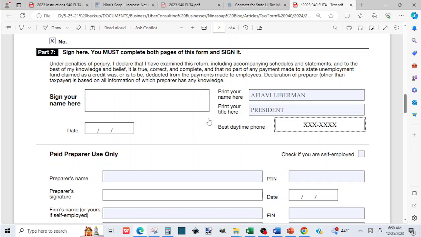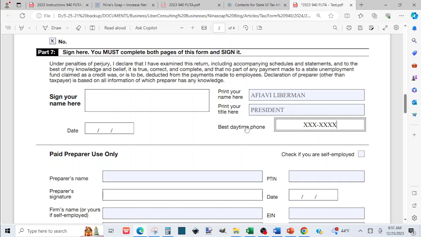Now if you are an LLC that files Form 1065 partnership tax return, a member of the LLC that works in the business or has good knowledge of the business, how the business functions, can sign as well. And we will see more on it in the instructions.